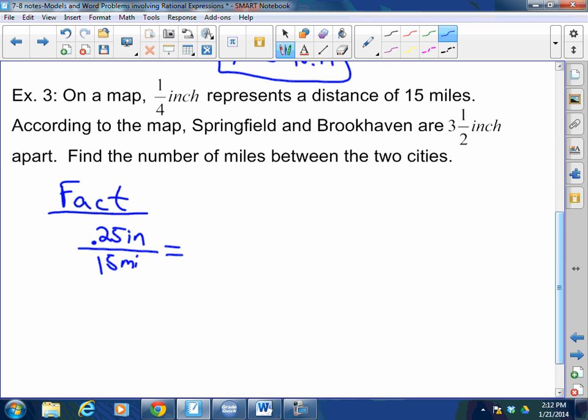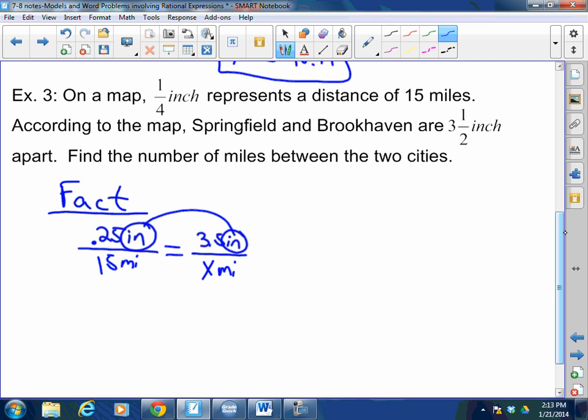Now, unit to unit. What am I looking for? What did they give me? They gave the distance from Springfield to Brookhaven in inches, which is 3.5. So remember, inches, unit to unit. And what am I looking for, my brothers? Miles.